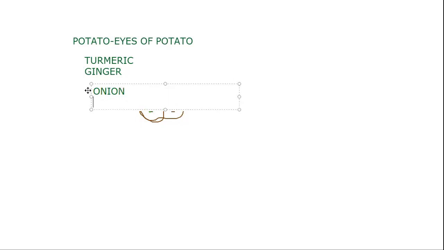This happens in other plants like turmeric and ginger. These are other examples where this sprouting will happen. Onion and garlic will grow into a new plant itself, right?